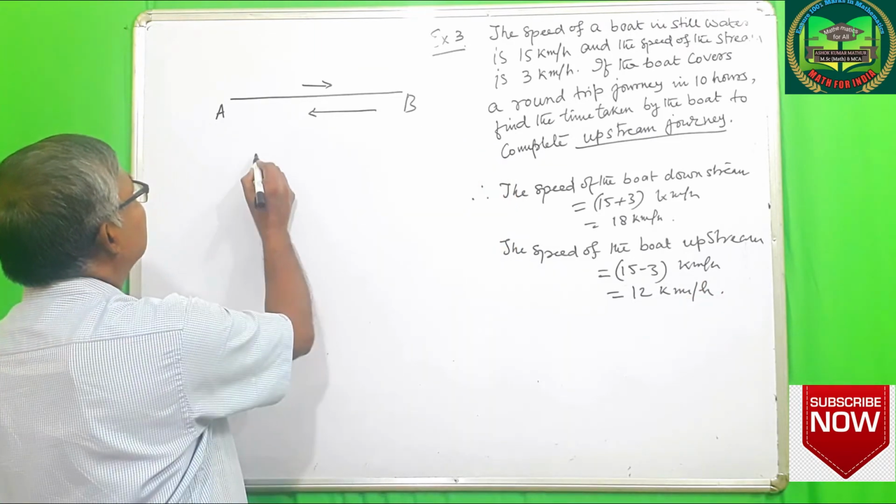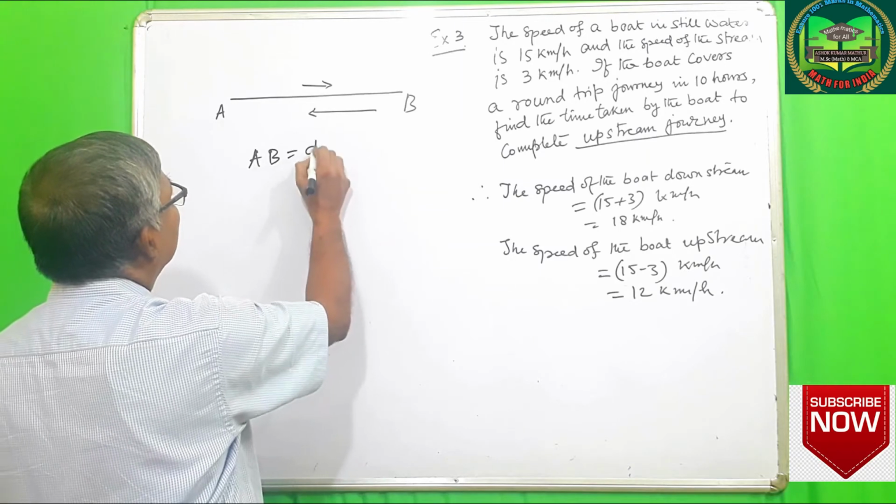Students, let the distance of AB equal to d kilometer.